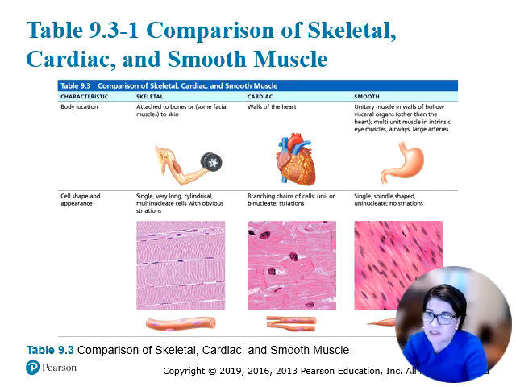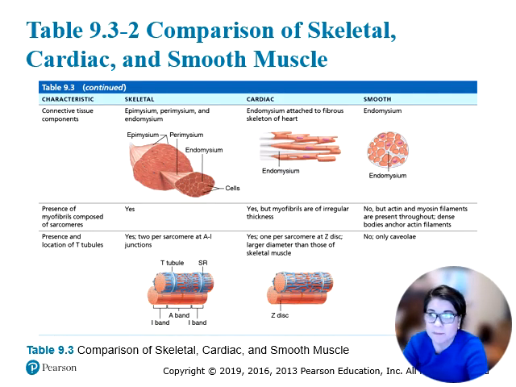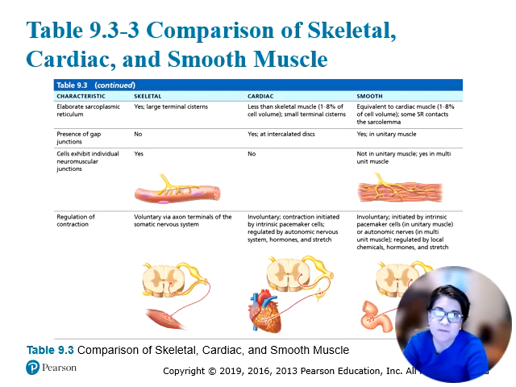Here's a comparison of the three. I think we've seen this before. And here we are again. So remember, smooth only has endomysium and cardiac too, and then skeletal has all three. The mechanism of contraction is pretty similar between skeletal and cardiac, but smooth is like an alien. It's completely different.